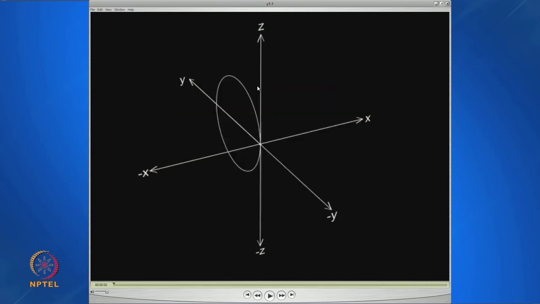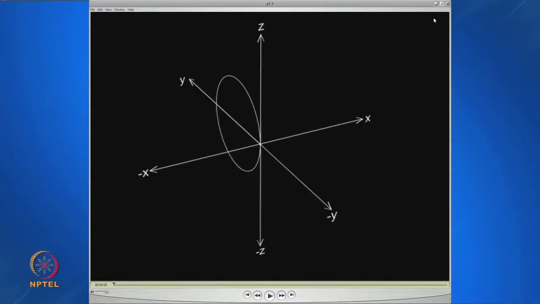Okay. So, we start with the y axis because sin theta sin phi, if you want to plot, you plot it on a sin phi maximum which is along the y axis, and then you will see that sin phi is positive between phi equal to 0 and 180. 0 and 180 is between the x and minus x axis, and from 180 to 360 when sin phi is negative, it is along the other side, namely minus x to the plus x axis along the minus y, and therefore you see the natural function, the plot that you see here.